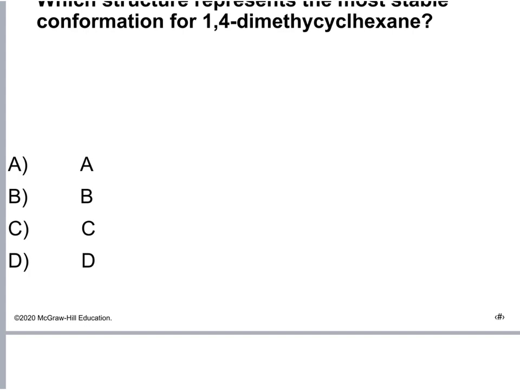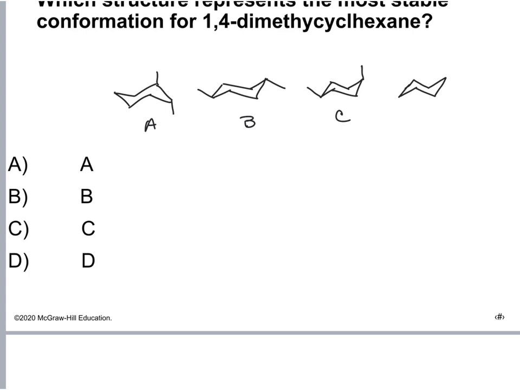Okay, let's draw these in for you. A, B, C, D. Now it says, what represents the most stable conformation of 1,4-dimethylcyclohexane?